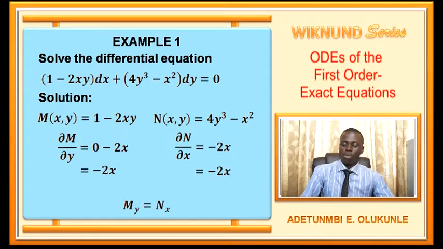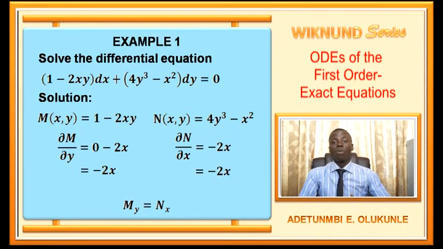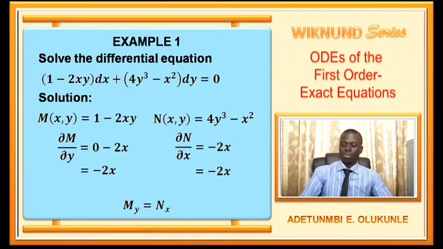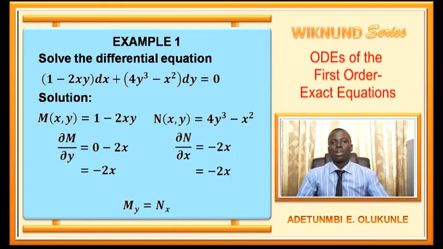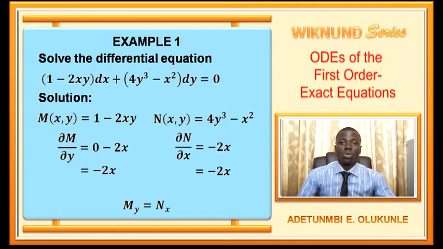When you differentiate M with respect to y, what do you have? This is 0 minus 2x, which is minus 2x. If you differentiate N partially with respect to x, when you differentiate 4y cubed with respect to x, that is 0. When you differentiate x squared, you get 2x. So that is minus 2x. So we can see clearly here that our My equals Nx. So we say that the given first order ODE is exact.